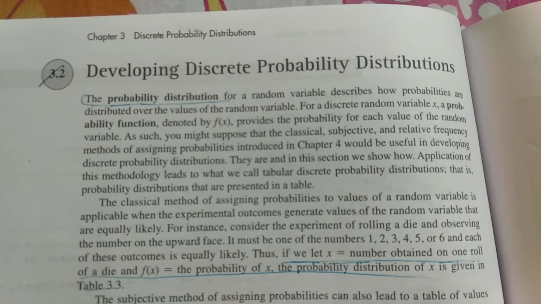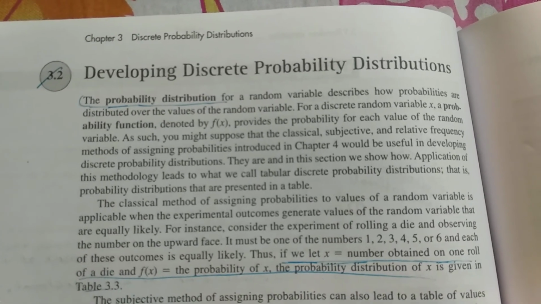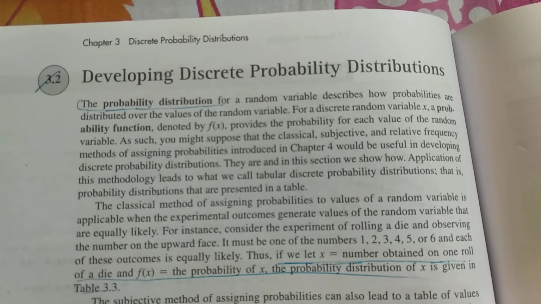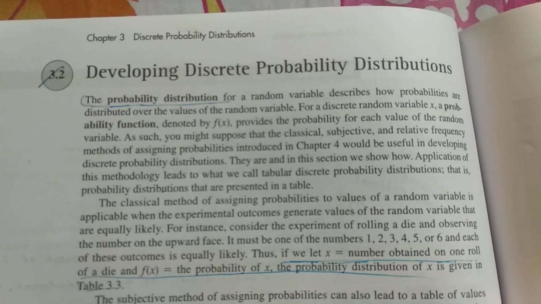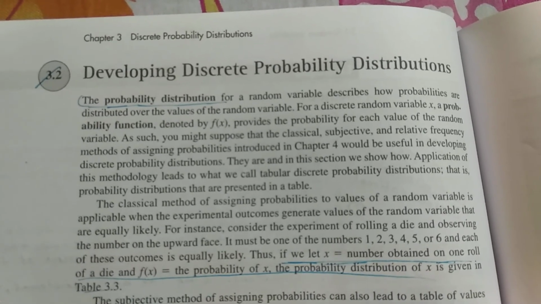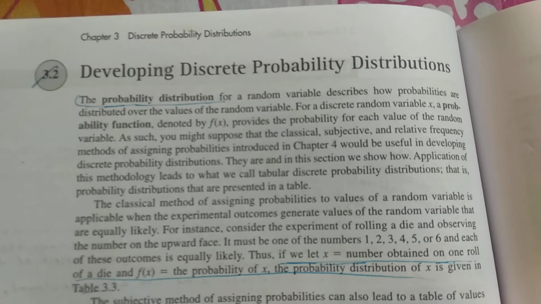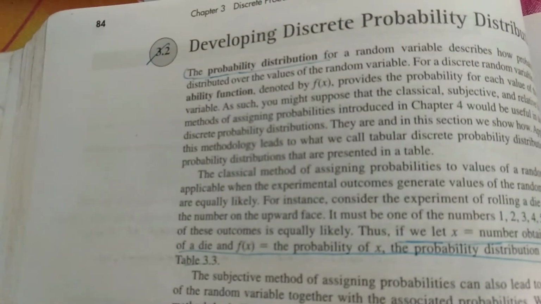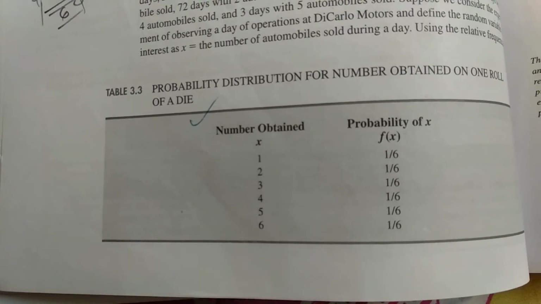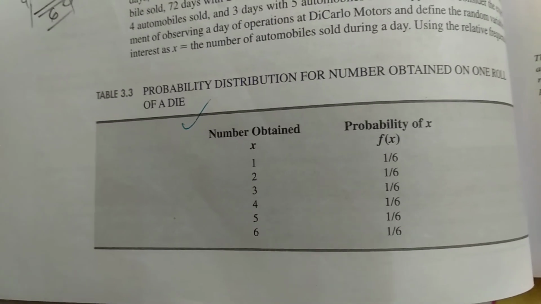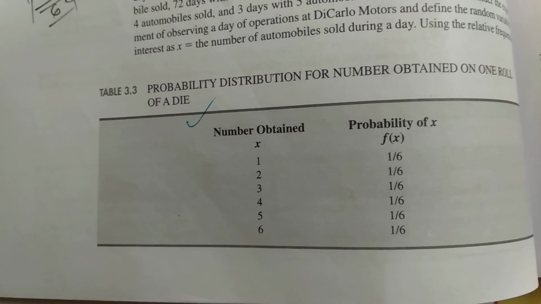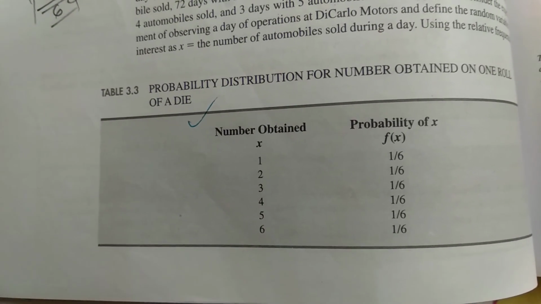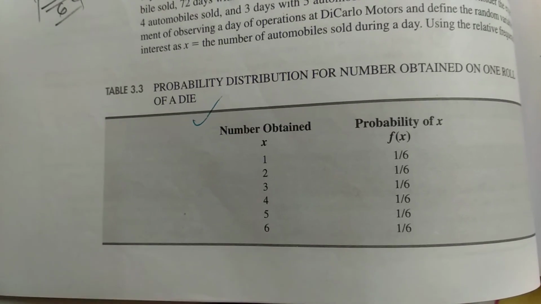So if we take x equal to the number obtained on one roll of a die and f(x) equal to the probability of x, the probability distribution of x is given as: probability of getting 1 is 1/6, probability of getting 2 is 1/6. Similarly, probability of getting 6 is 1/6.